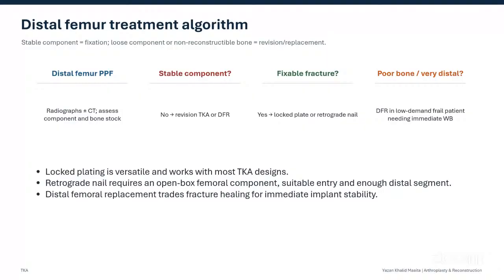A locking plate is versatile and works with most total knee designs. Retrograde nails require an open box femoral component suitable for entry and enough distal segment. Distal femur replacement bypasses fracture healing for immediate implant stability.